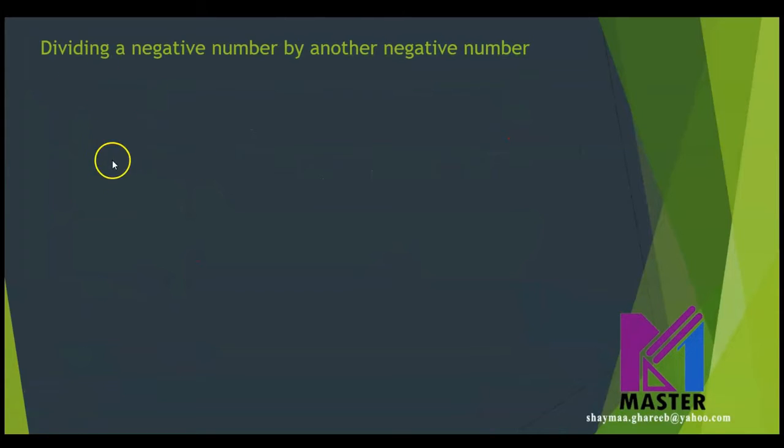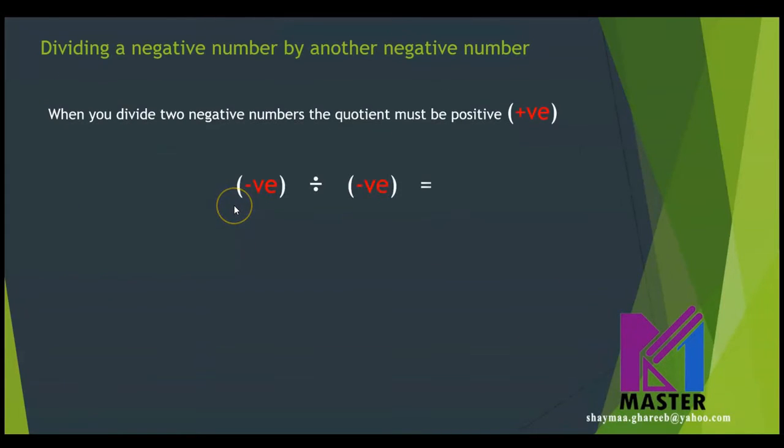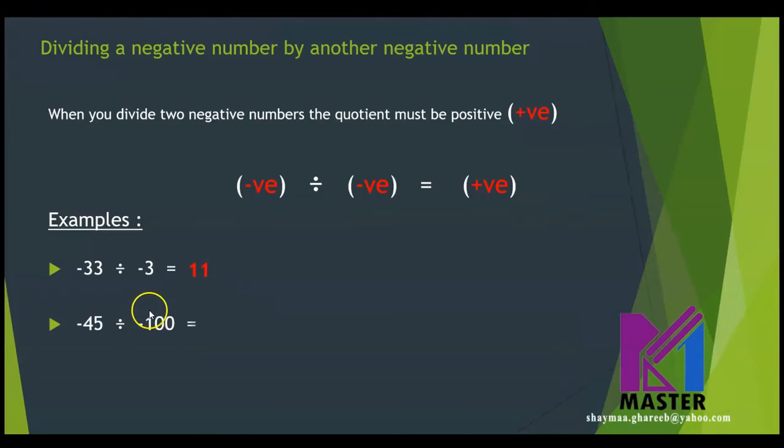Now let's see division. When we divide a negative number by another negative number, the answer is positive. It's exactly the same as the multiplication rules. So let's see examples. Negative 33 divided by negative 3, the answer is positive, which is 11.